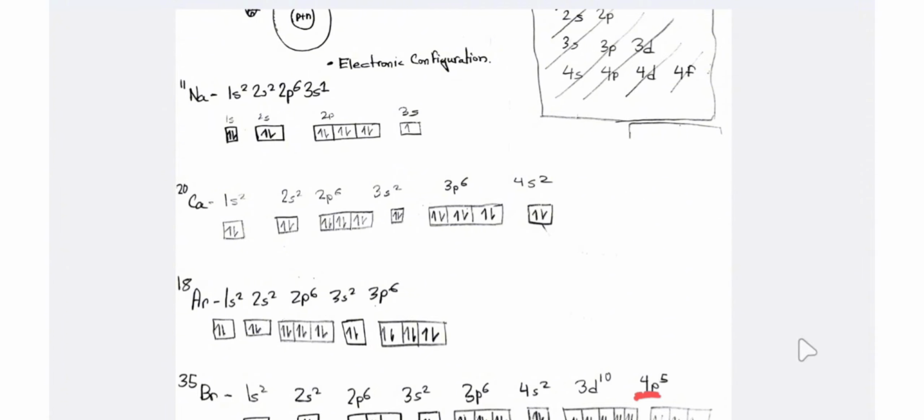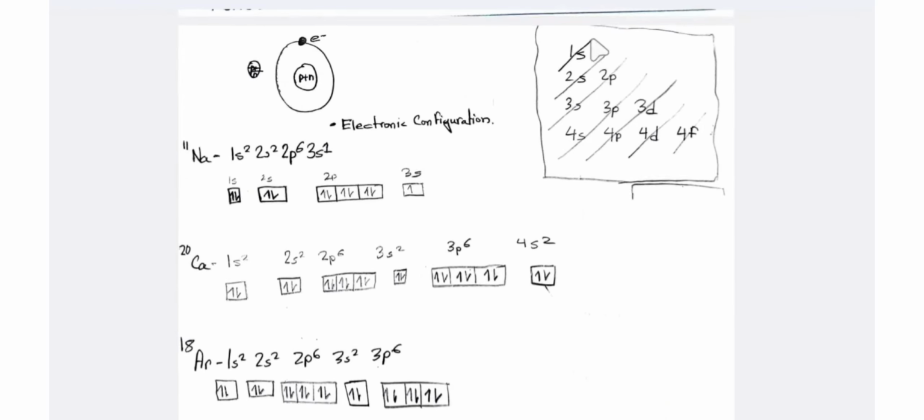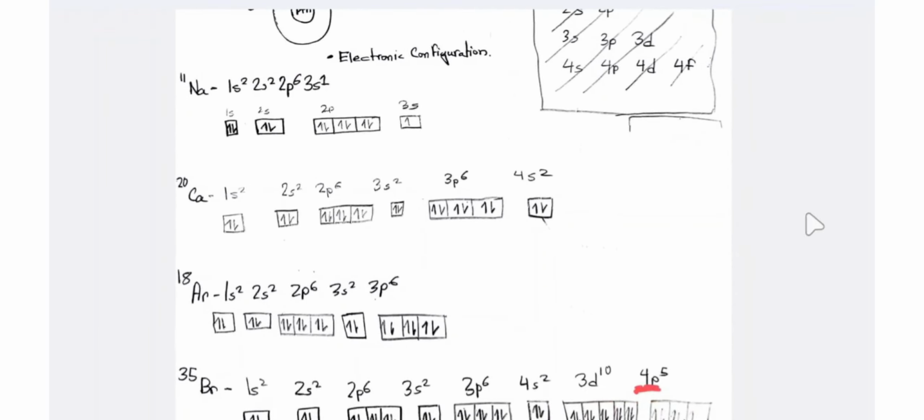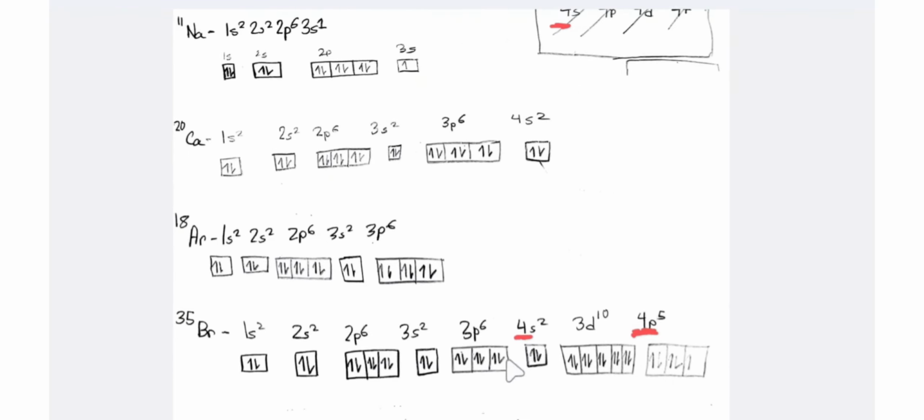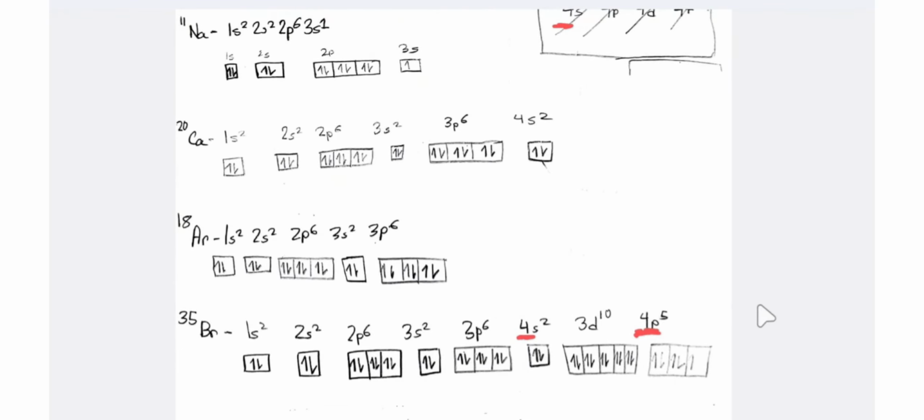So we know that the valence electron is in 4p5. You need to remember the sequence: after 4s2 it is 3d10, and after 3d10 it is 4p5. So 4s2, 3d10, 4p5. And that's how we show the electron arrangement.